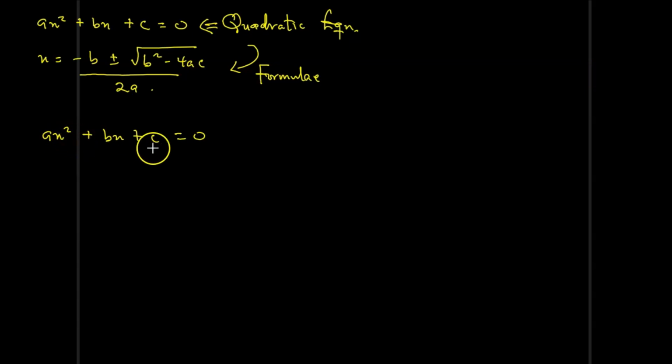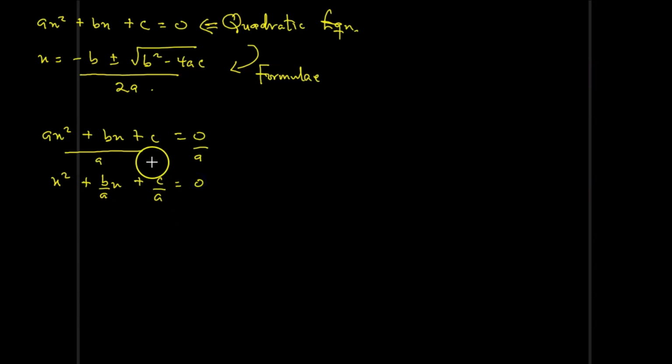So we are going to divide through the whole expression by a. So the left hand side divided by a, the right hand side divided by a. And that will be giving us x squared, then we have b on a x plus c on a equal to 0.